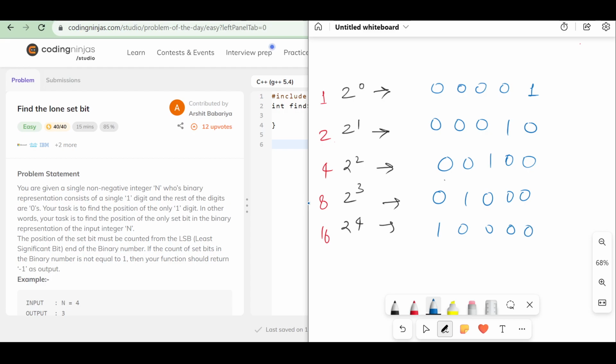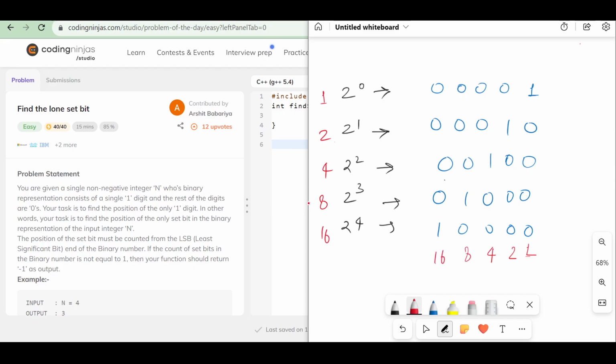Now how will you confirm that these are the correct binary representations of these decimal numbers? We do that by writing, starting from 1, multiply 1 by 2 and write it below the next bit, that is 2, and again multiply it with 2 and write the result below the next bit, that is 4, again 8, then 16.